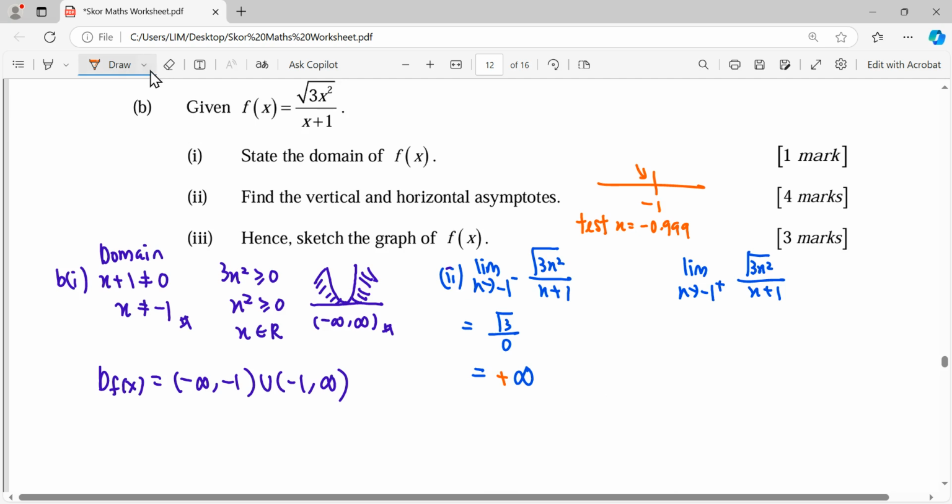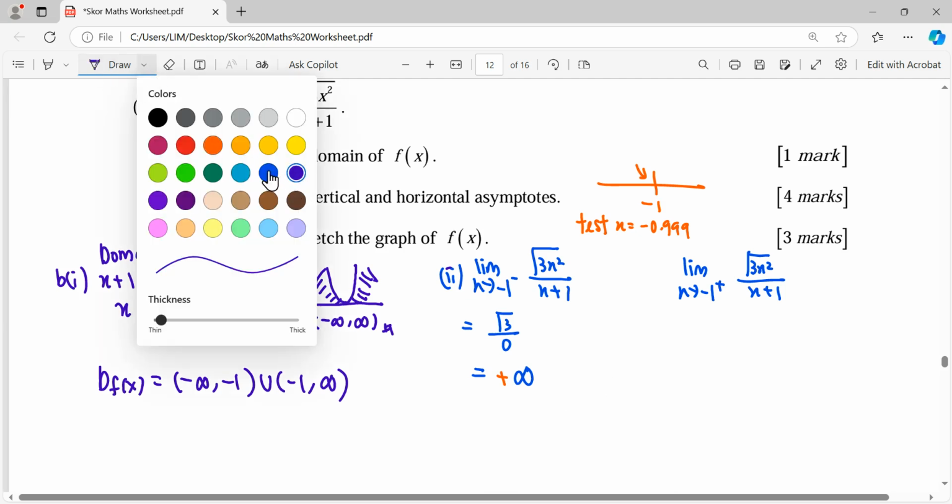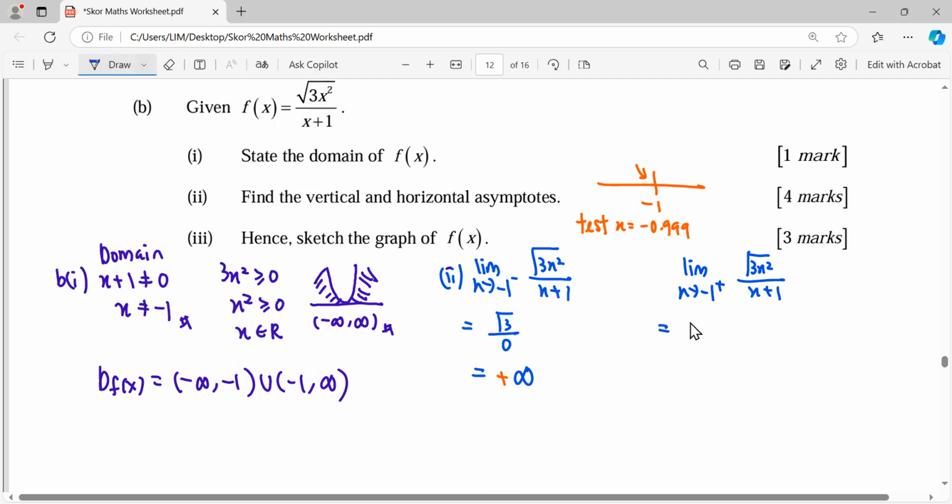And then for the right hand side, substitute -1, it will be surd 3 over 0. So therefore it is infinity also. From here we're going to test the right hand side. So we test x equals -1.001. So you can get this result, it is negative infinity.